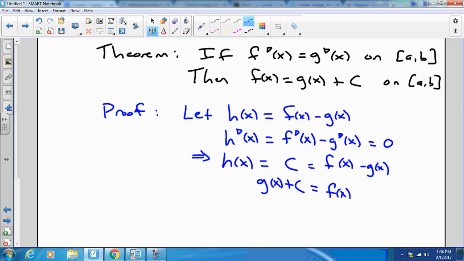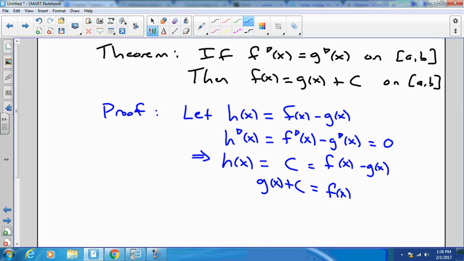Now here's the upshot, the real significance of this, and that is that if I give you the derivative of some function, then at least in theory, there is a unique function within an additive constant whose derivative it is.